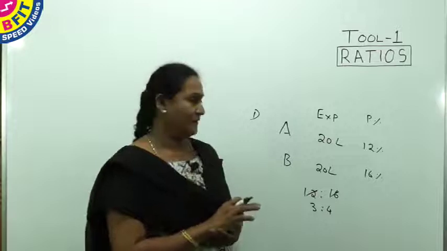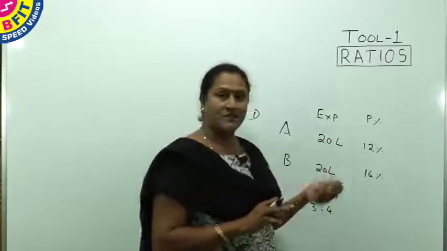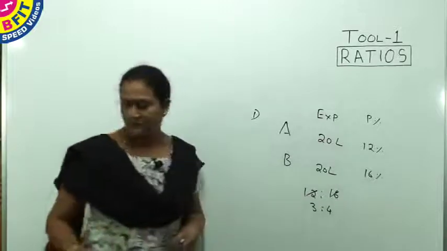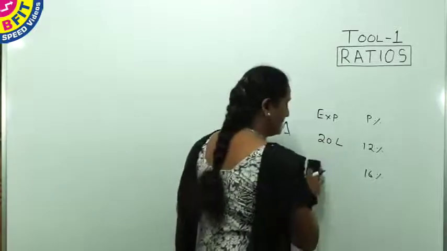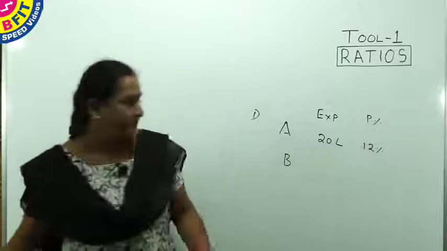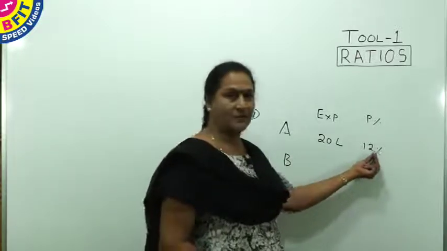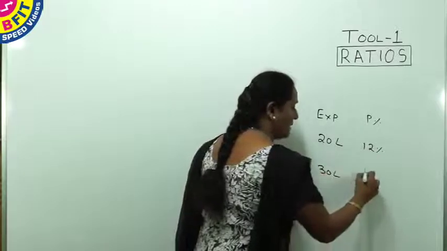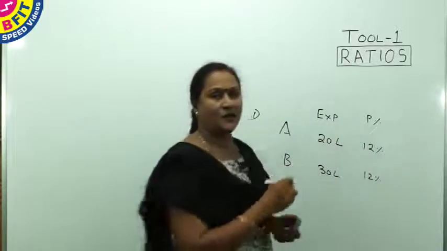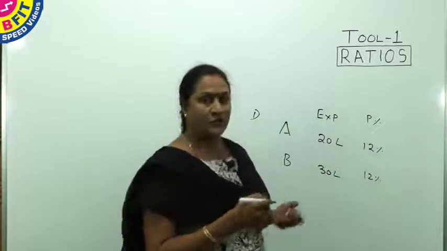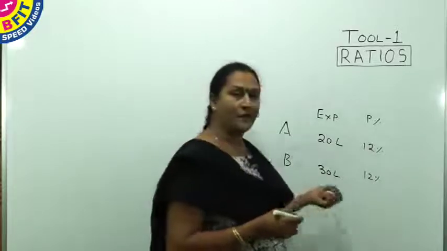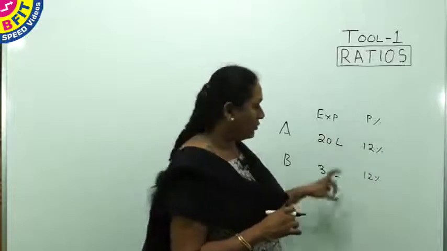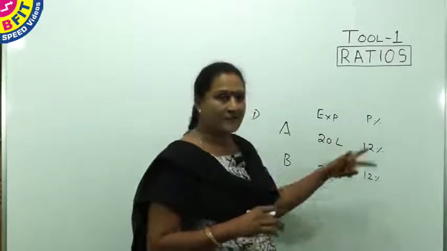On the other hand, suppose the expenditures are different and the profit percent is the same. Say company A's expenditure is 20 lakhs, 12% on 20, and for B it is 30 lakhs with the same 12% profit percent. What will be the ratio of profits for company A and B on its expenditure? As the profit percent is the same, no need to consider it because it gets cancelled.